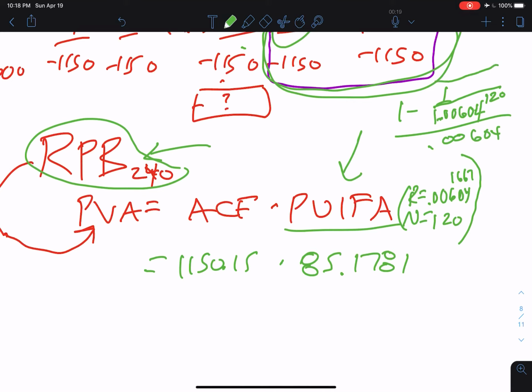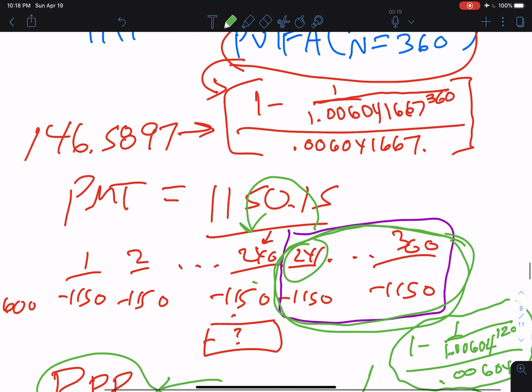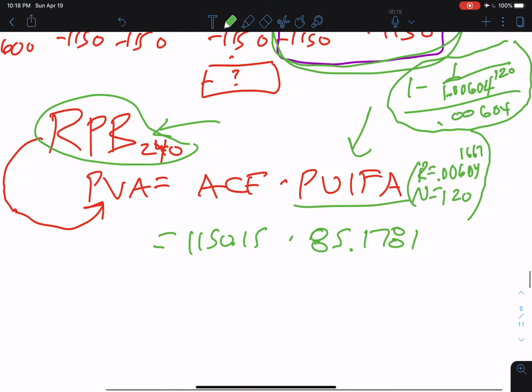Now I left off the digits to the right of the 4, but that's just because I ran out of space. Okay, so again, 85.1781.